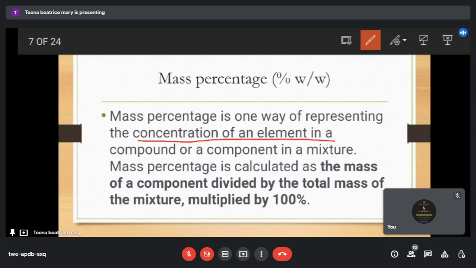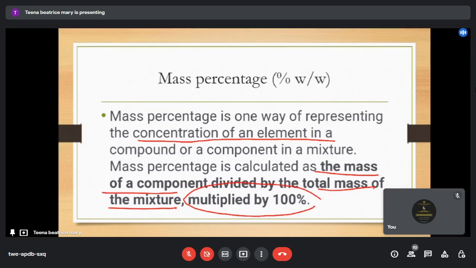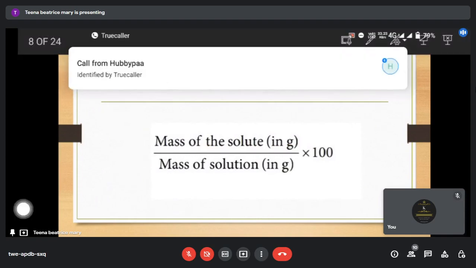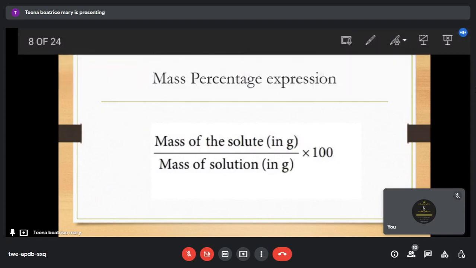There is a formula to find the mass percentage: the mass of the component divided by the total mass of the mixture, in grams, that is W by W, multiplied by 100. So the formula is mass of solute divided by mass of solution into 100.